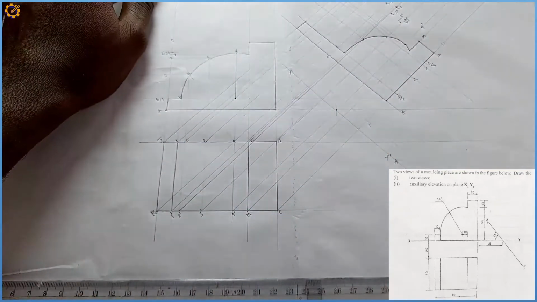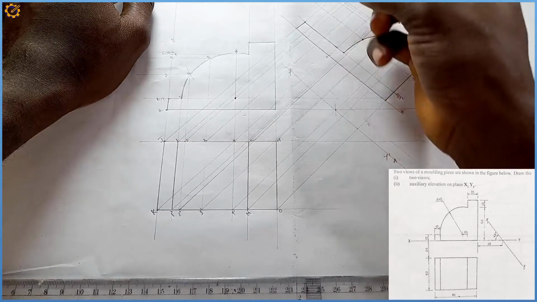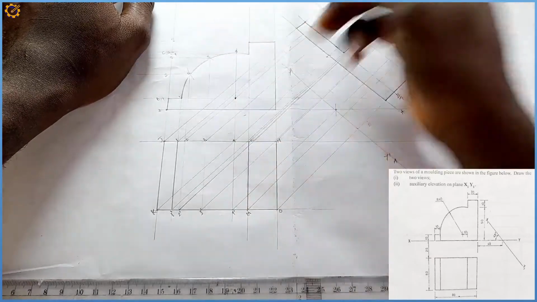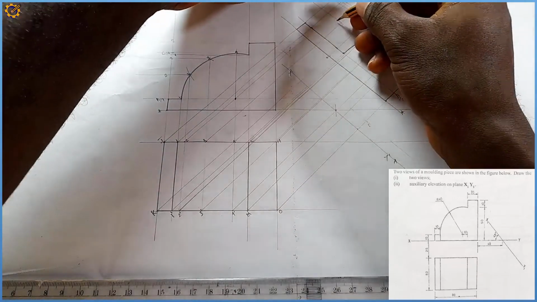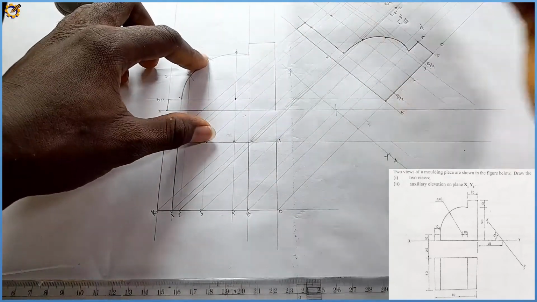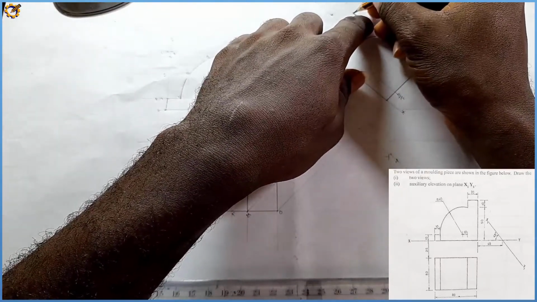Now this is my 1 to 1. They intersect right here. My 2 to 2, this is my 2 right here, and our 2 coming here, they intersect right here. Take note. My 3 to 3, this is mark 3 here, and this is my 3 coming here. They meet at this junction.